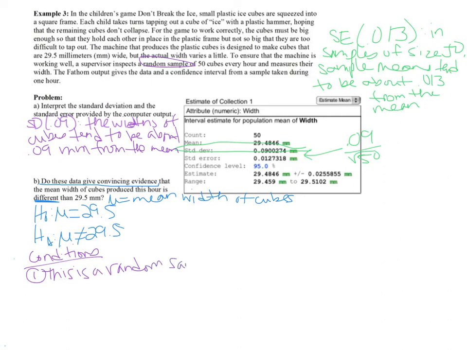And we don't really know how many cubes are produced in an hour, but we're going to assume that there's probably going to be at least 500. So I'm going to just make that assumption. Sometimes if you can't specifically state for a fact that 50 is less than 10% or something like that, you're just going to have to make an assumption.